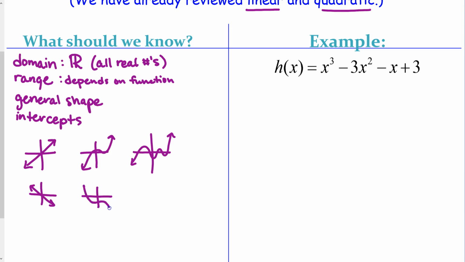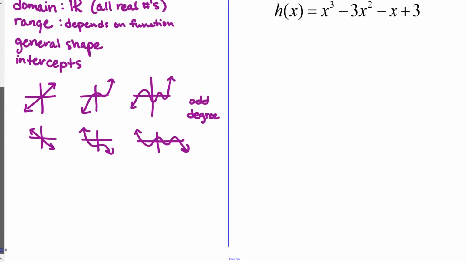If it's cubic, it could also be going down like that, etc. So some of these have one end up, one end down, and the range is all real numbers. Those would be the ones that have odd degrees, like something to the first power, something to the third power, something to the fifth power, etc.